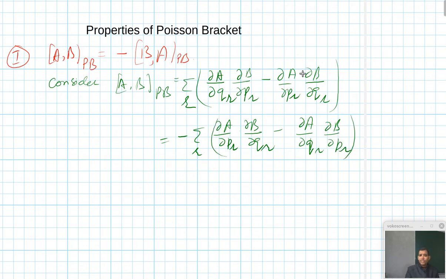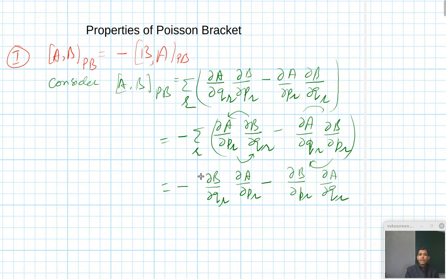If I take the negative sign outside, it can be written as minus summation over r of ∂A/∂Pr ∂B/∂Qr minus ∂A/∂Qr ∂B/∂Pr.